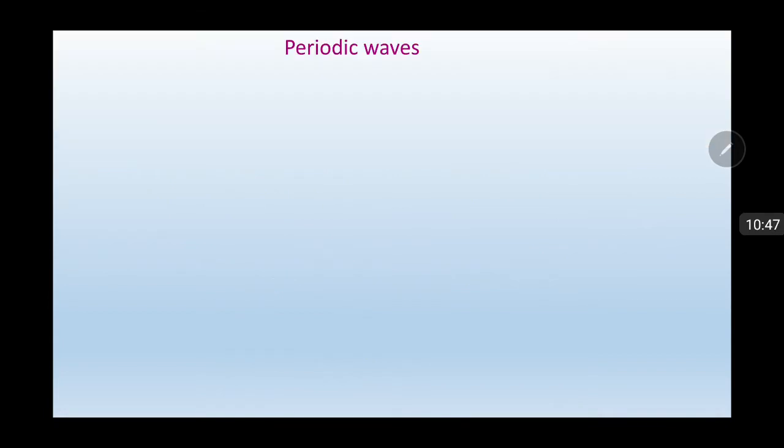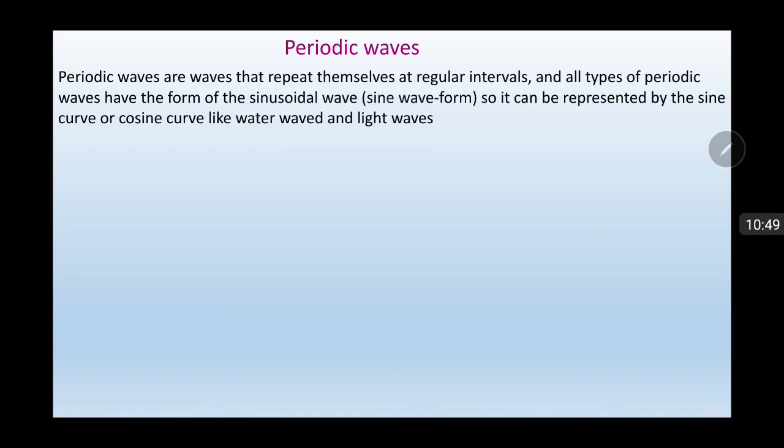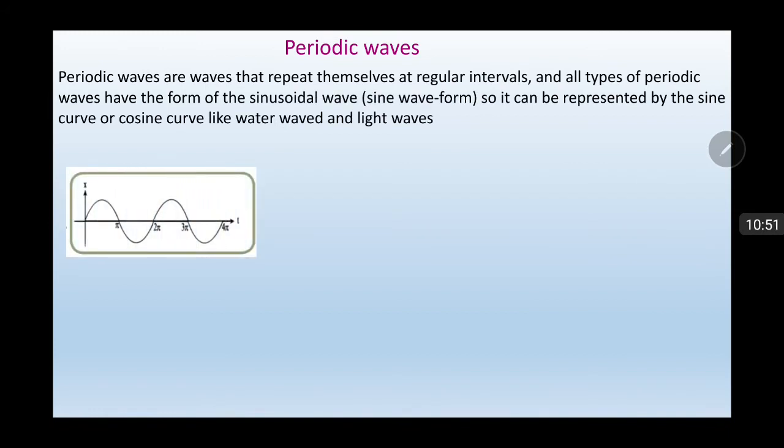Periodic waves. Periodic waves are waves that repeat themselves at regular intervals, called the period. Waves have a sinusoidal waveform, so this is represented by the sine curve or cosine curve, like water waves and light waves.